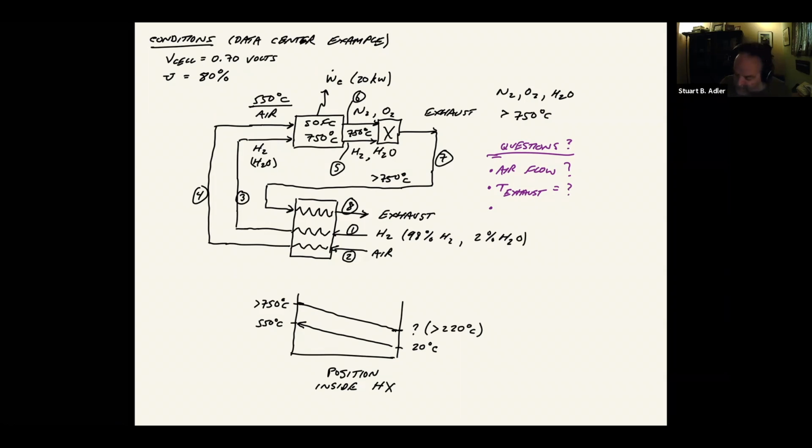What kind of heat exchanger area would we need for sizing this thing? And so this sounds like a bunch of Chemi 310 problems, right? And that's exactly what it is. So let's digress for a little bit on that and walk through exactly how we go about doing these energy balances to address some of these questions about the process as a whole.